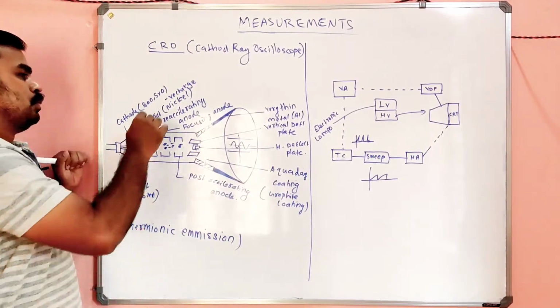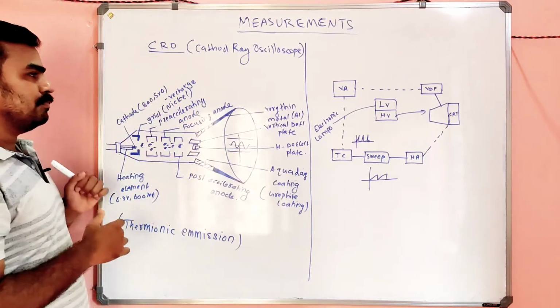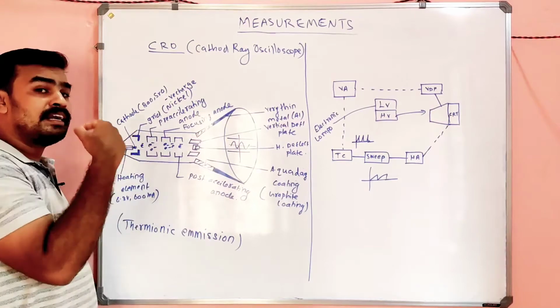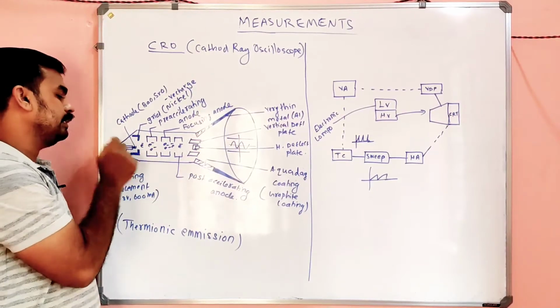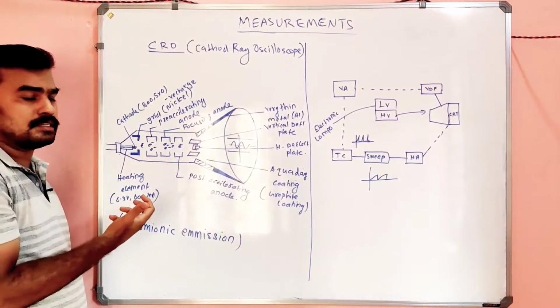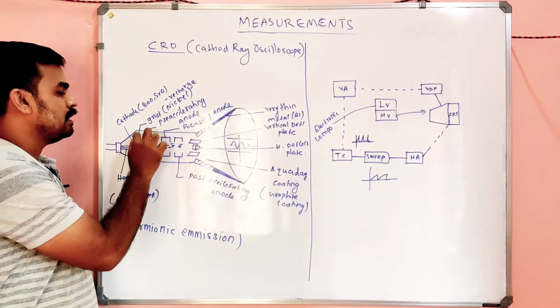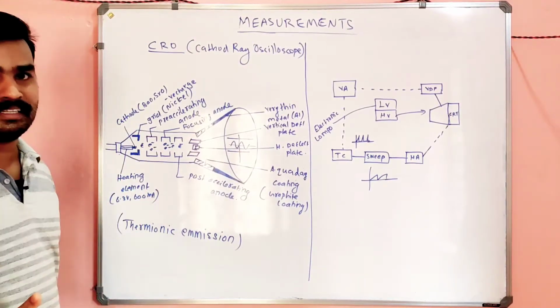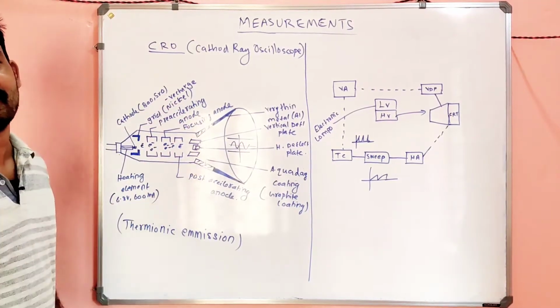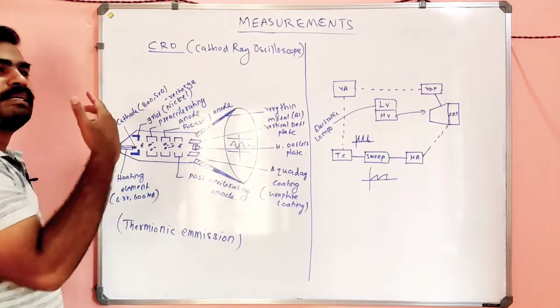This grid is made up of nickel, and the grid, my dears, is more negative than the cathode. That means the grid is also at a negative potential.